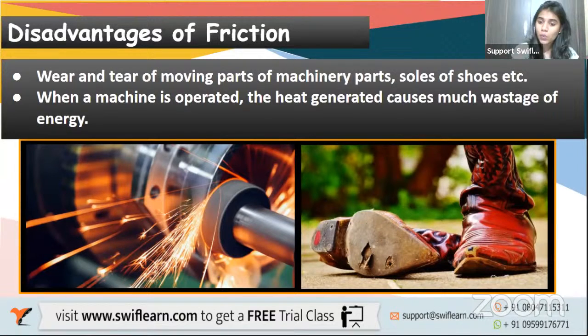Now, when a machine is operated, a lot of heat is generated, right? In some cases, when you are working a huge machine, a lot of heat is generated. This is heat energy, a loss of energy in the form of heat. That is because of friction, which is a loss for us because we are losing energy in the form of heat.